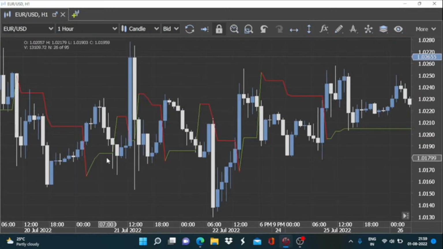In this kind of circumstances, as most of the moving averages struggle, this is also one of the derivative of the moving average. This indicator also struggles in such an environment.